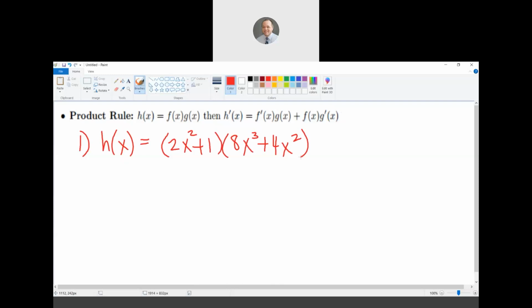Because we have a product, let's use the product rule for derivatives. And our first function is f of x. Second function is g of x.